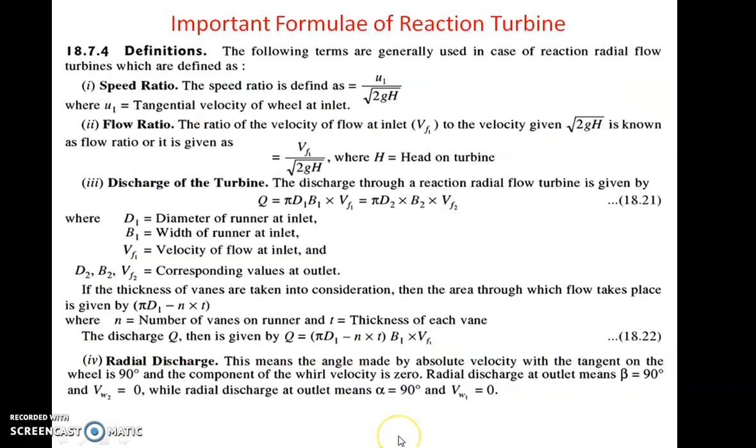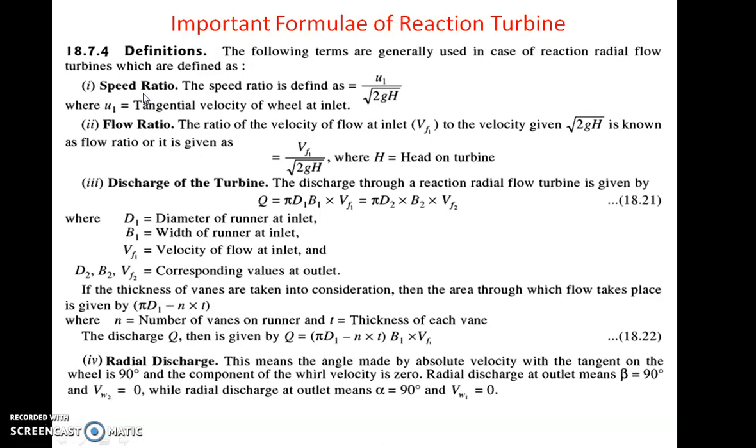So let us quickly summarize the important formulas of reaction turbine, because we have to solve the numericals for reaction turbines. Like impulse turbine, we have seen some formulas. Here also we have to see the same formulas for reaction turbine. If you remember the speed ratio, there is no coefficient of velocity now, because there is no jet in case of reaction turbine, as the water is directly striking the guide vanes.